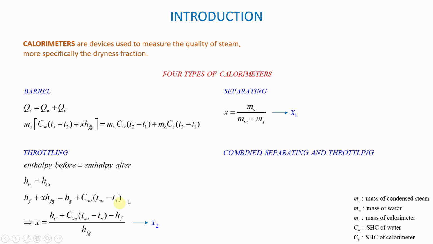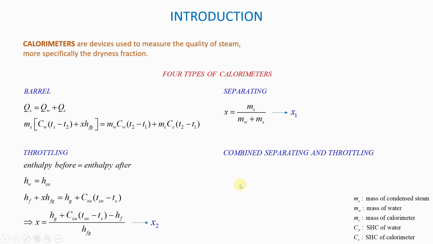But it turns out that if you combine the separating calorimeter with a throttling calorimeter, then the result that you get is more accurate, okay? So usually that is what we're trying to achieve: find the dryness fraction of the separating calorimeter and then that of the throttling calorimeter, and then combine them to get an accurate value for the dryness fraction.